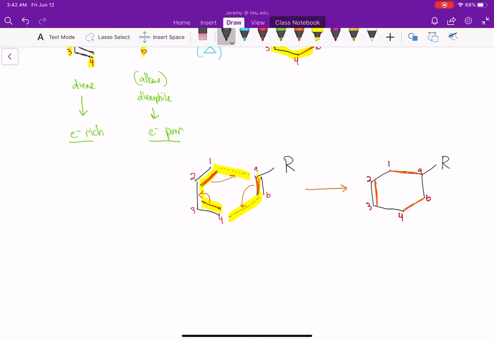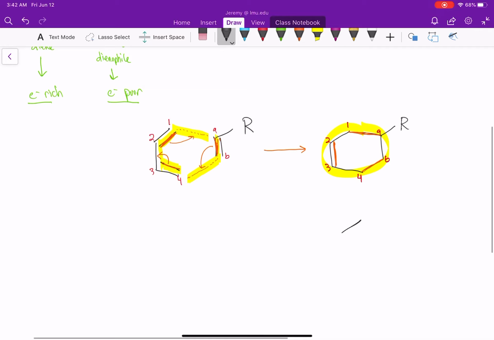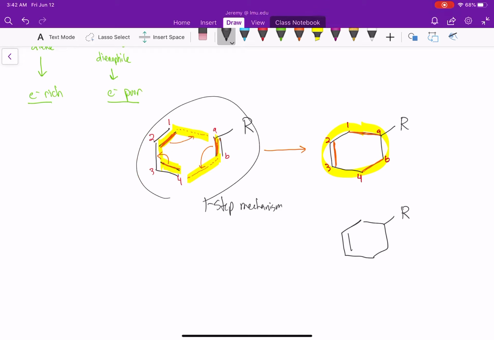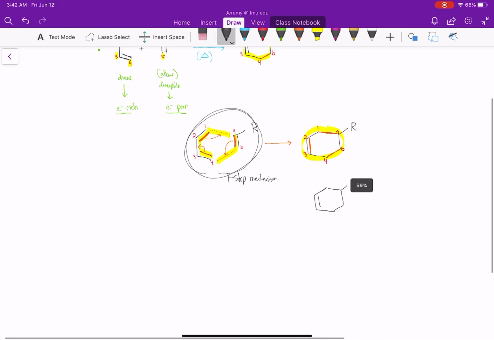So we're always going to form our six-membered cyclohexene ring. This is what it looks like. So that's the basic reaction. It's a one-step mechanism. You push 3 arrows at a time. Very simple, but it's important that you draw the molecule the right way to do the mechanism.